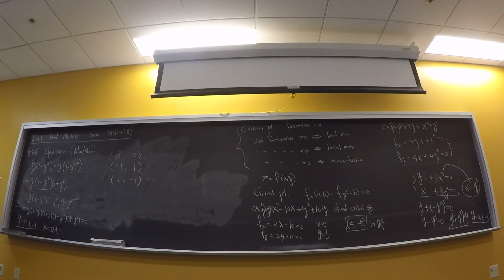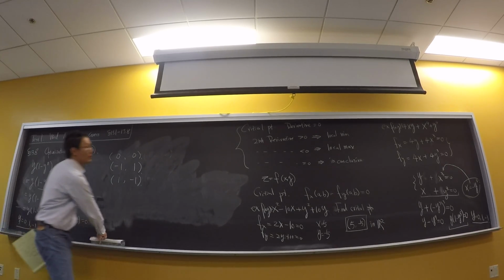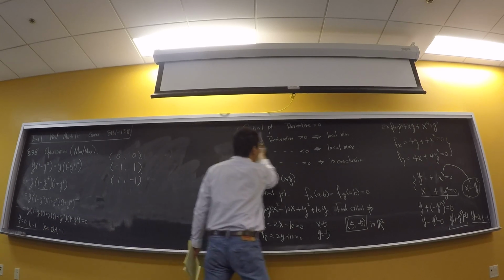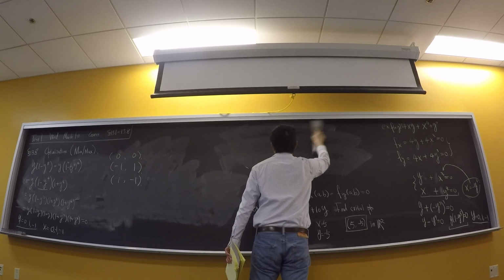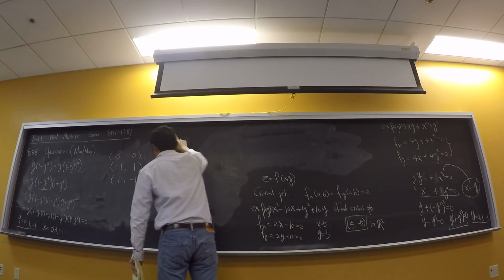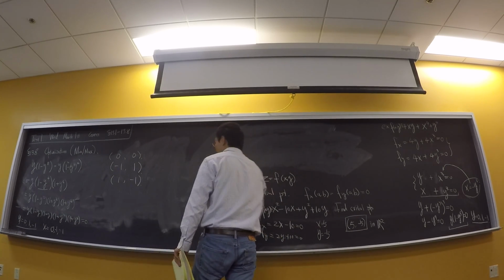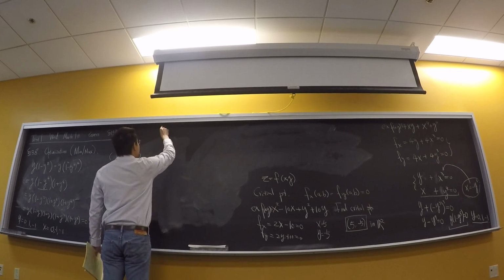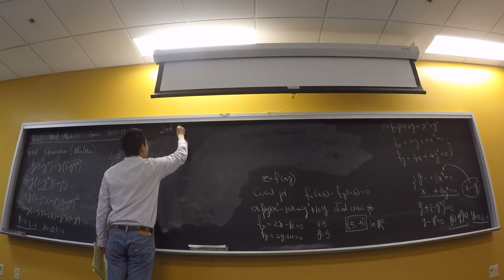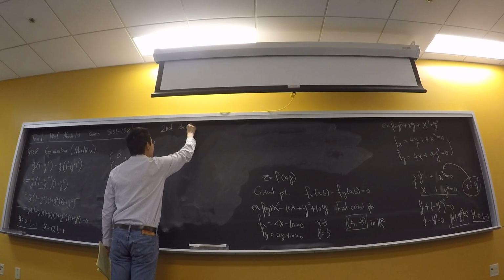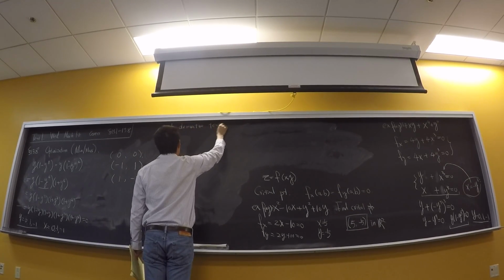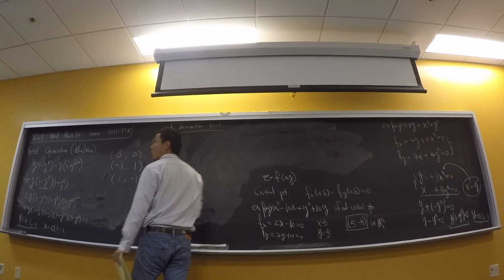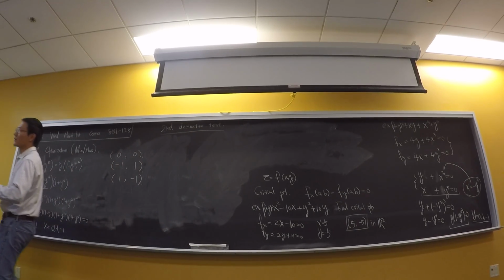Okay, so next I want to go back and translate the second order derivative test into the multivariable case. The second order derivative test is, I would say, one of the most important applications for partial derivatives.